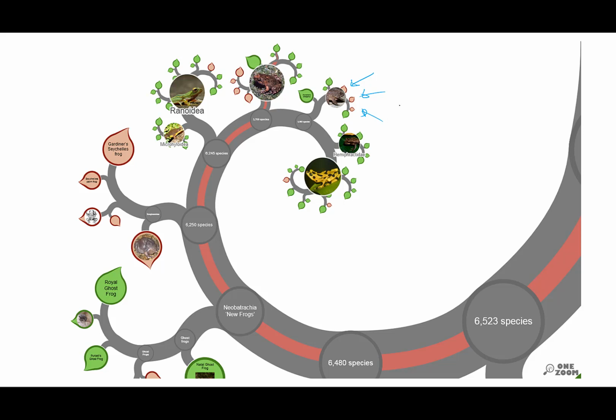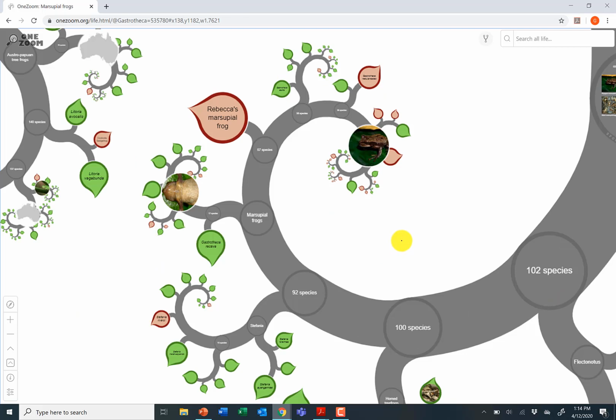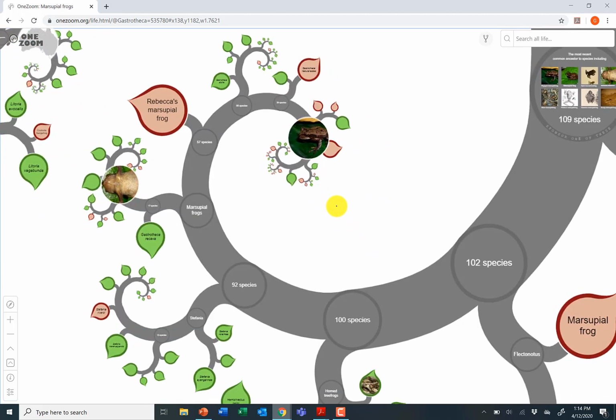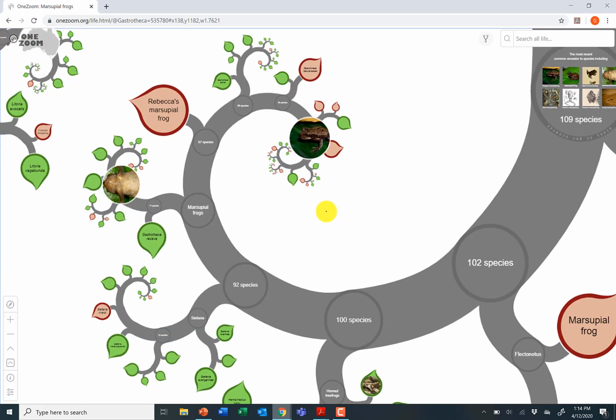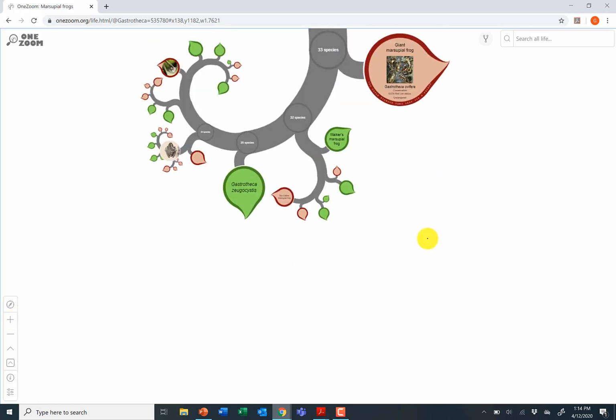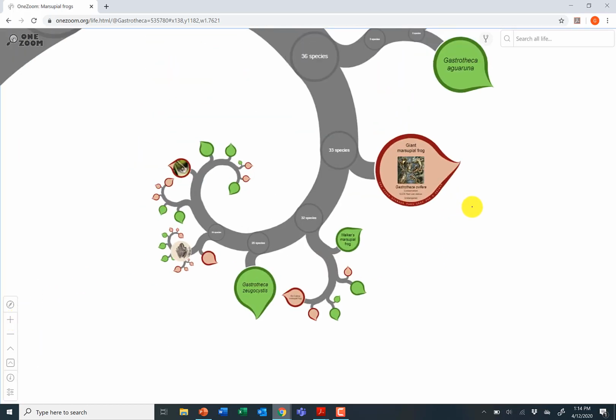So I'm going to show you really quickly by going online what this OneZoom website lets you look at. And so here's the OneZoom website, and I've already kind of narrowed in on a particular group of amphibians, frogs, which we know are under severe threat from extinction. And you can zoom in on this tree wherever you would like to get into some of the smaller branches.